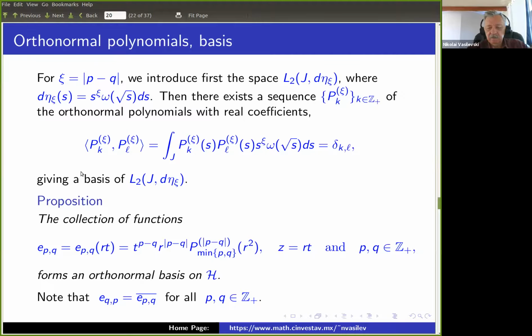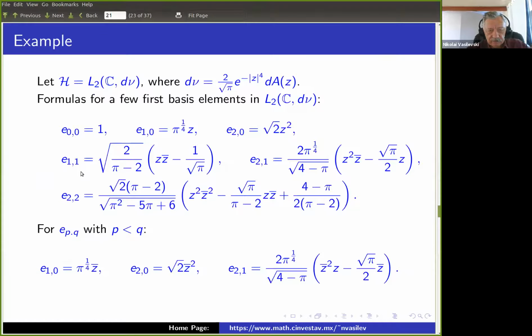And I will give just one example. Let us consider the space L2 over C with this strange measure, e to the minus modulus of z to the power not 2, but 4. So there are no classical orthogonal polynomials related to this measure.